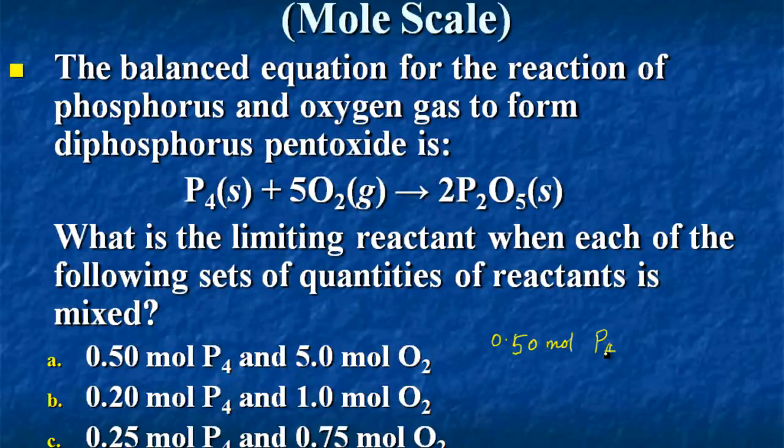What is the mole ratio between oxygen and phosphorus? You want to find out how many moles of oxygen you need. So which one goes on the top? Oxygen, which is 5 moles of O2 and how many moles of P4? 1 mole of P4.